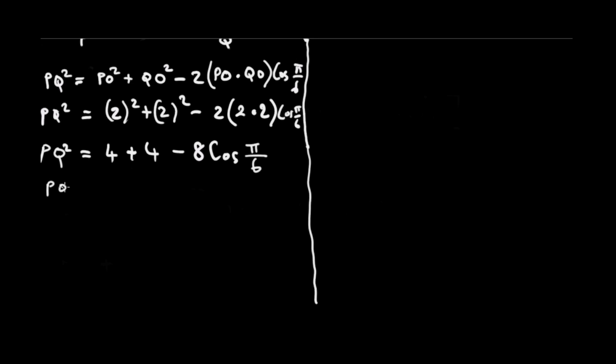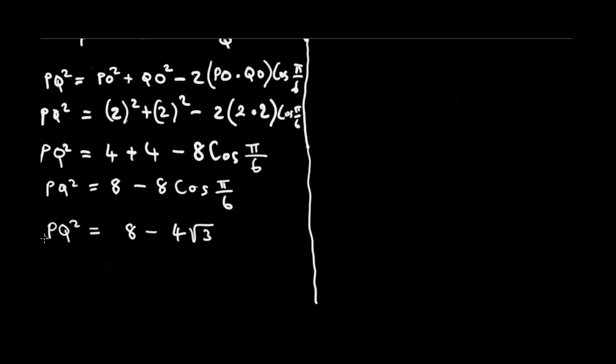So PQ squared is 4 plus 4, that's 8, minus 8 cos of pi over 6. We can compute this on a powerful computer. We get an exact value where PQ squared is equal to 8 minus 4 root of 3.